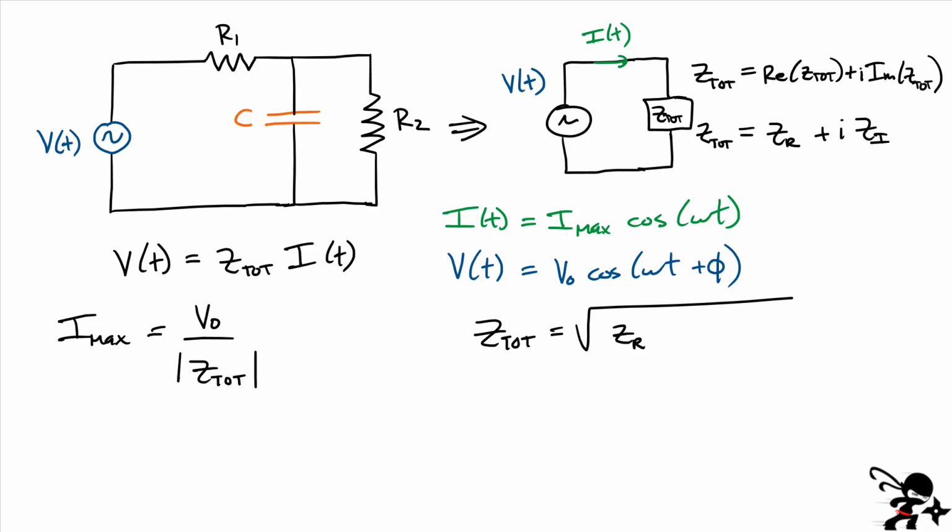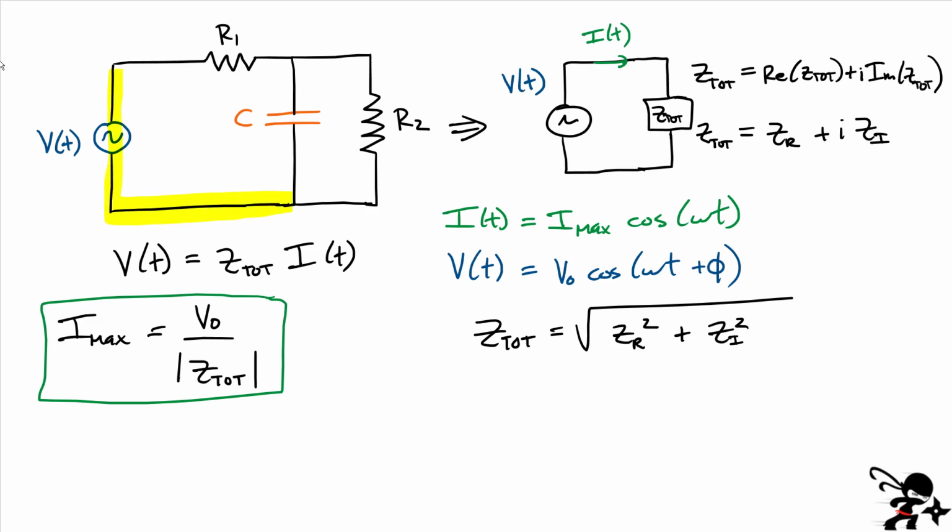You take the real part and square it, take the imaginary part and square it, and you get a value. That allows you to quickly find the maximum value of the current flowing through this part of the circuit. If I go back to the original circuit, that means it's the current flowing everywhere here, also the current flowing through the resistor R1.